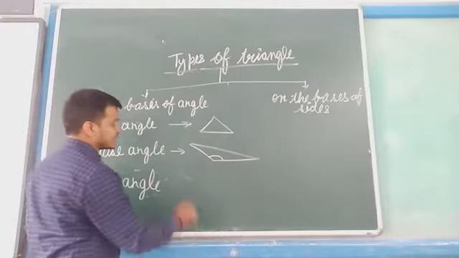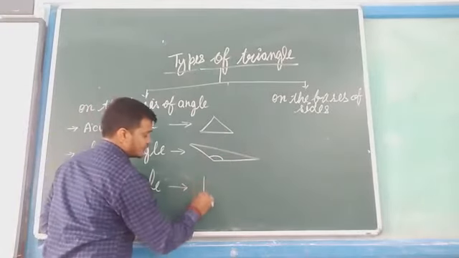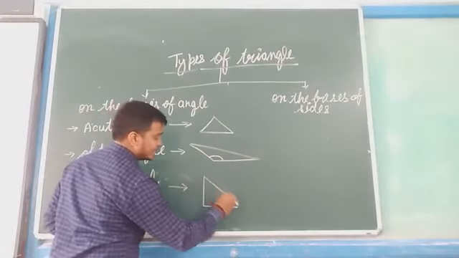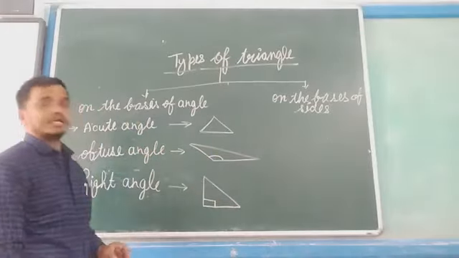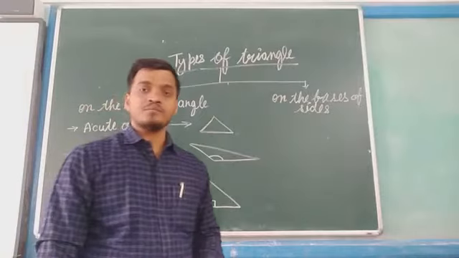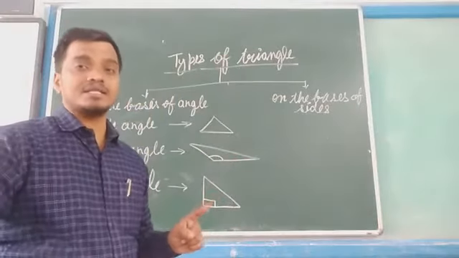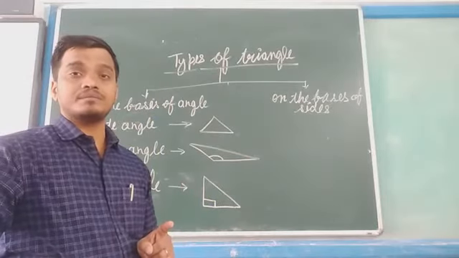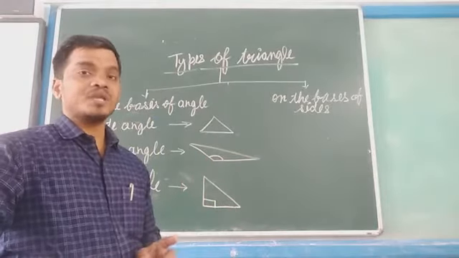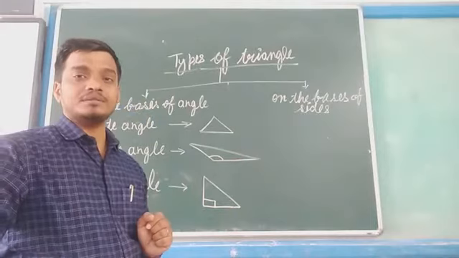And finally, the right angle triangle. Any one angle in a triangle is 90 degrees, then it is known as the right angle triangle. Any one angle is 90 degrees. More than one angle cannot be 90 degrees. Any one angle will be 90 degrees.